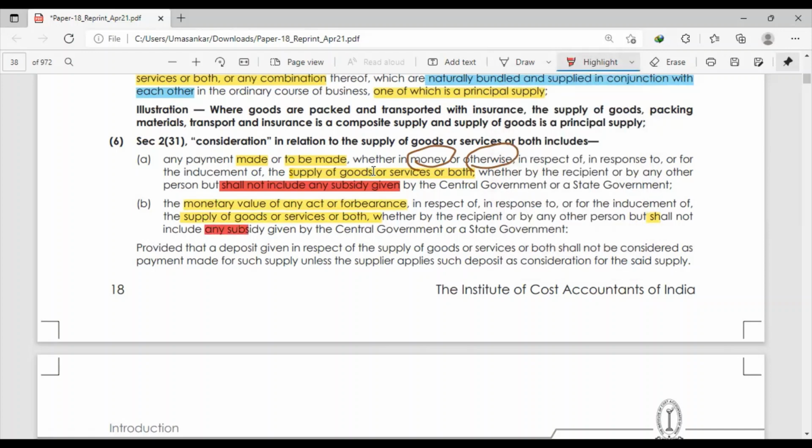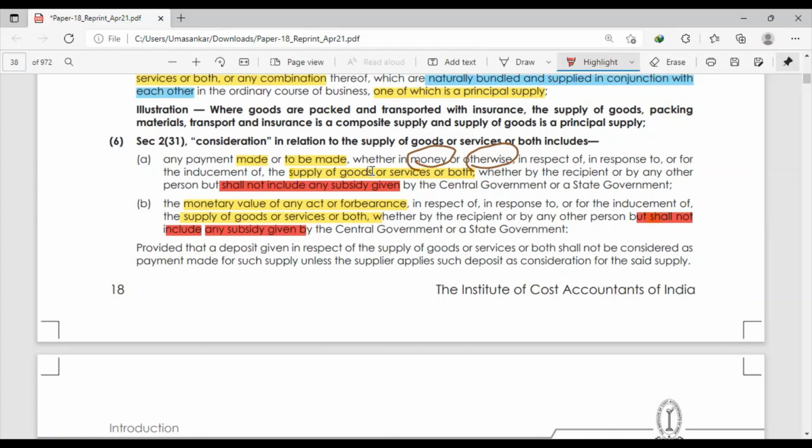Does not include any subsidy. Both are actually the same thing, but worded differently. As per the definition, one is the payment made or to be made, and here it is the monetary value of an act. Not much difference is there.